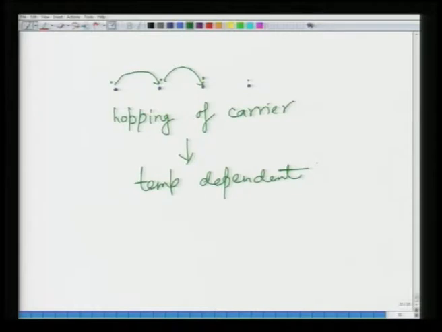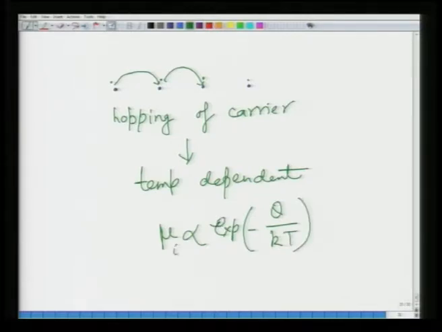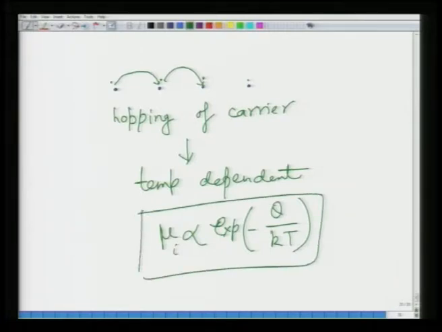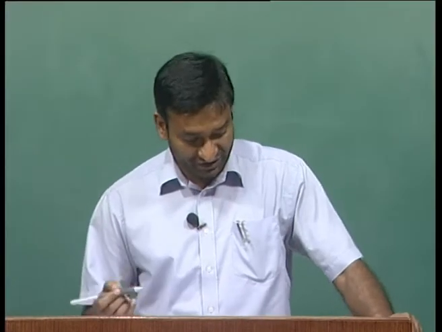So, as a result, in these systems the mobility which you see is dependent upon temperature in the form of exponential minus some energy q divided by kT, and so this mu would be of this form in ionic systems as a result of this thermally activated hopping phenomenon.